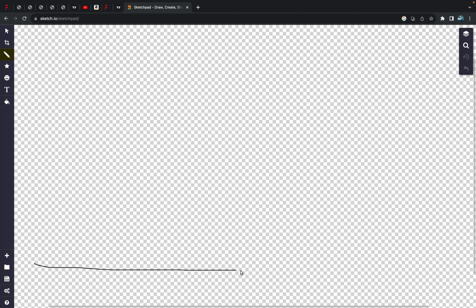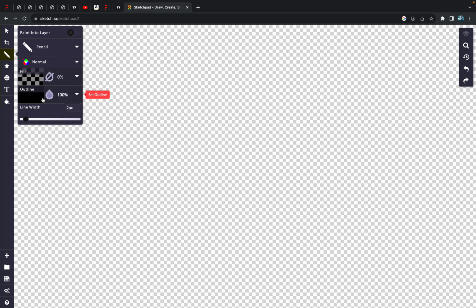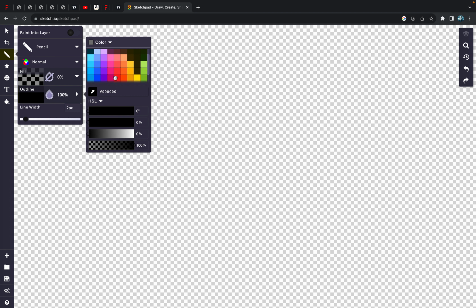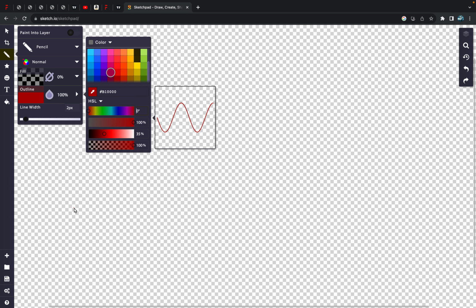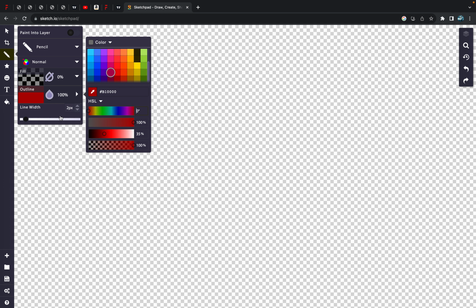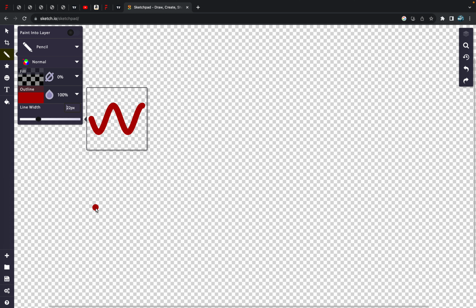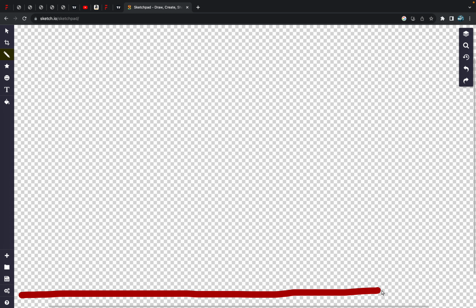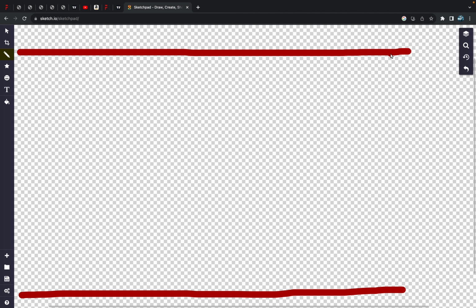So basically, you have these levels here, and you could do different colors and everything like that. So you can have like a red.